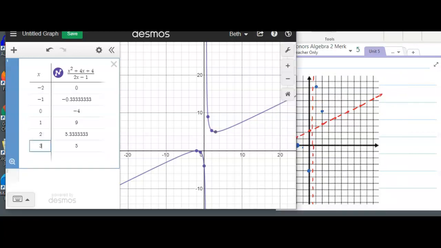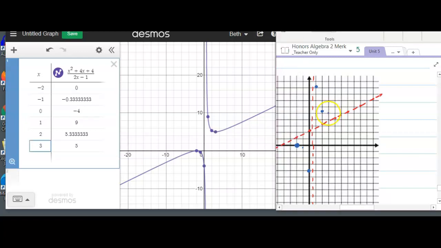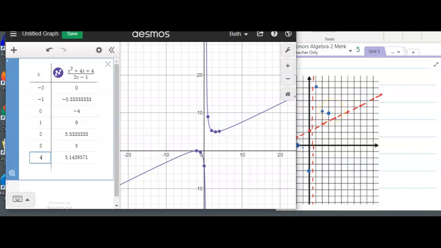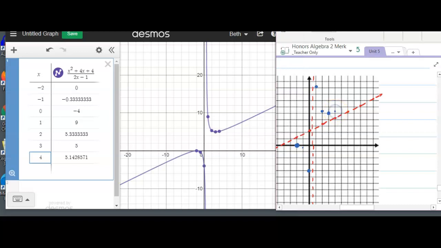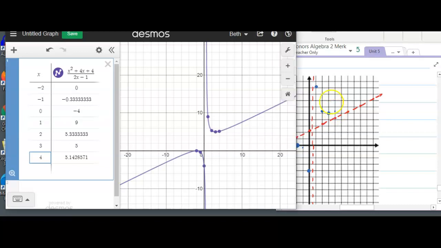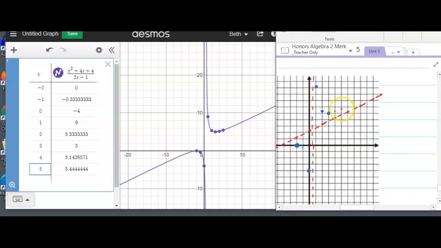We can try for a few more points. 3, 5. 4, 5, and a little bit past 5. And we're just trying to get an idea of what this graph will look like.